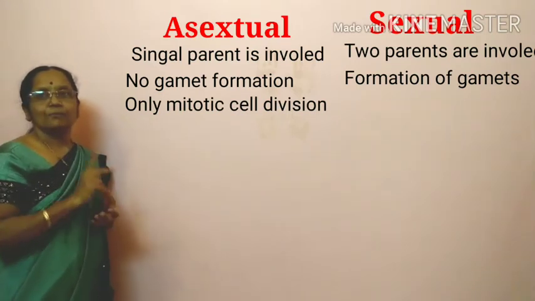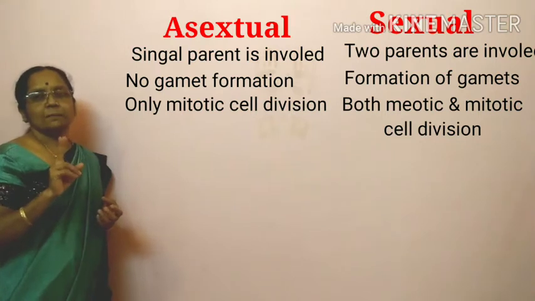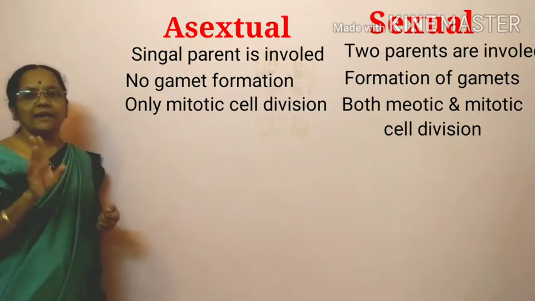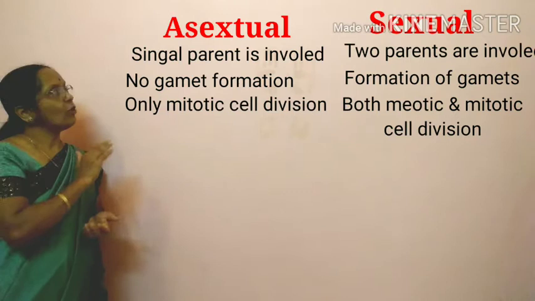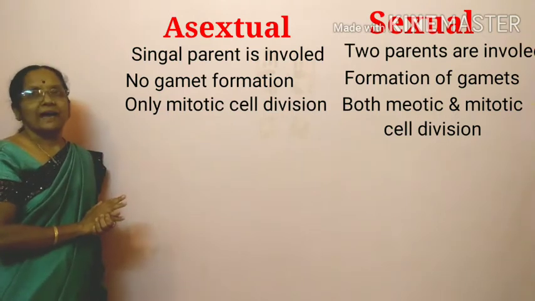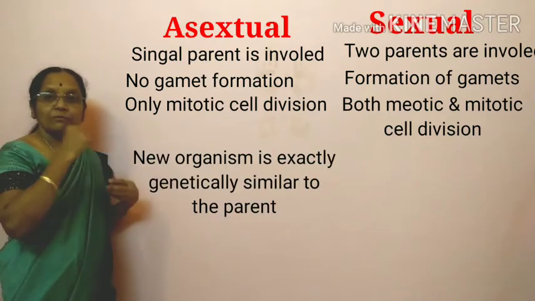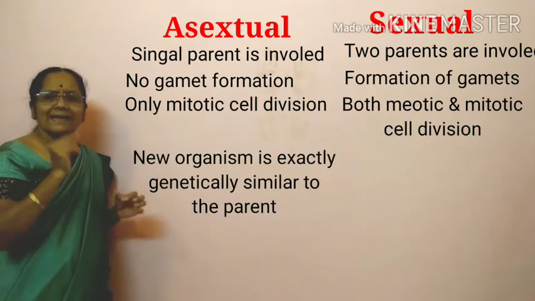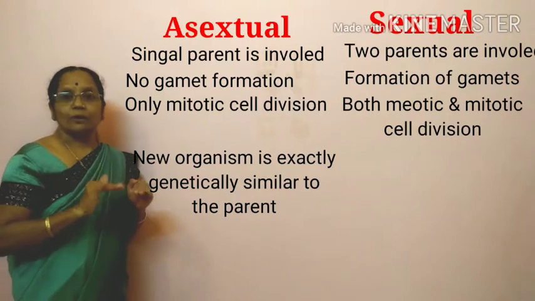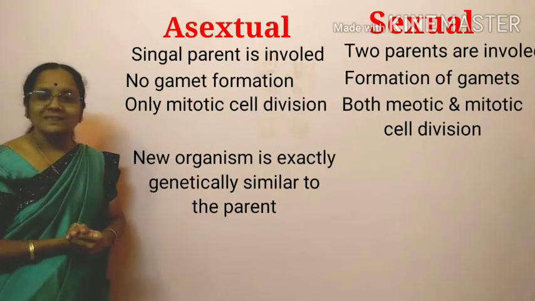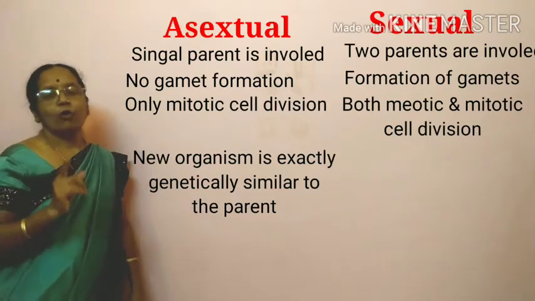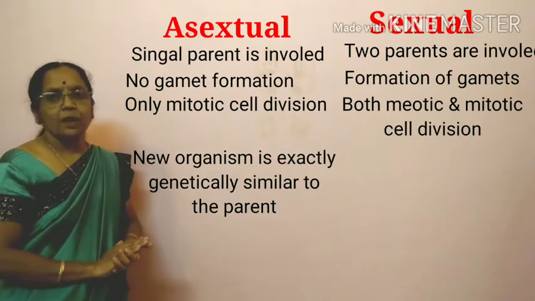Means both methods of cell division are included. The fourth difference is that in asexual reproduction, the new organism which forms is exactly similar to the parent because it has originated from a single parent.